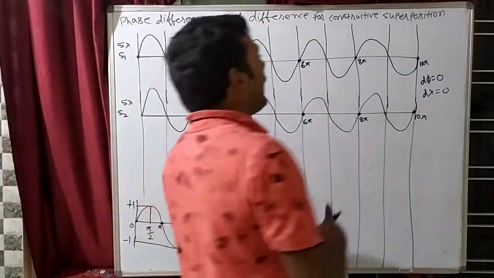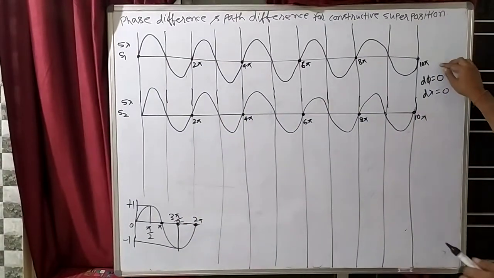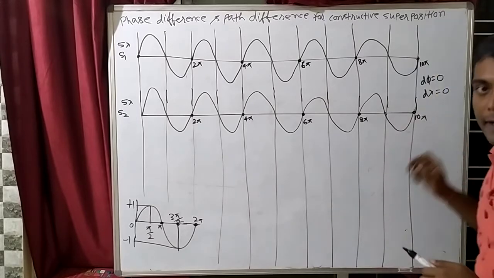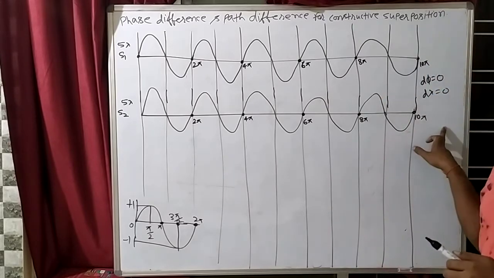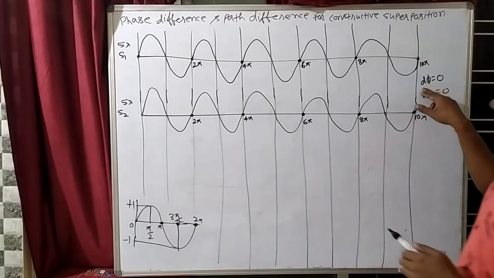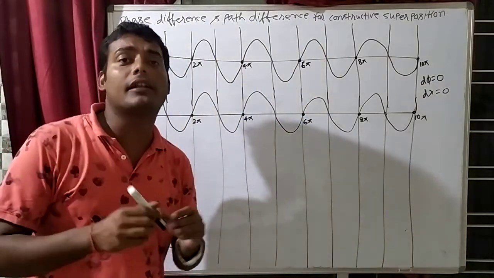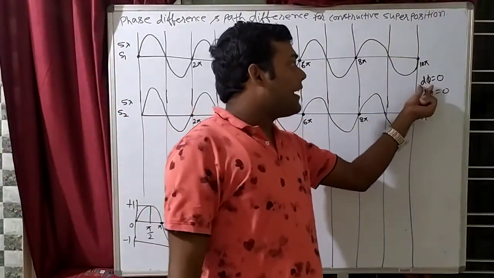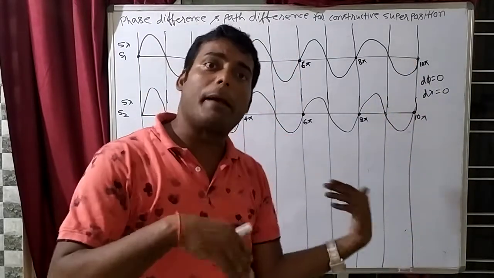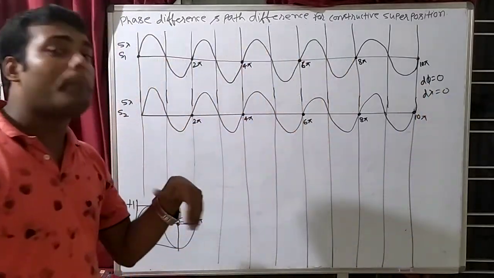If I calculate the phase difference, it is first phase minus second phase, 10 pi minus 10 pi, which is 0. Delta phi means change in phase difference. So the phase difference is 0.